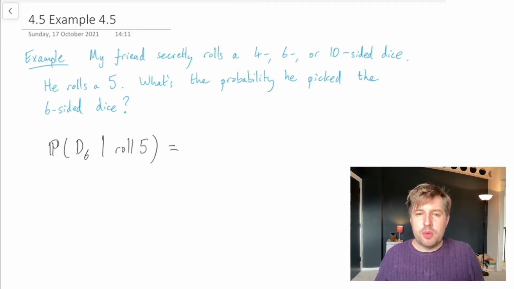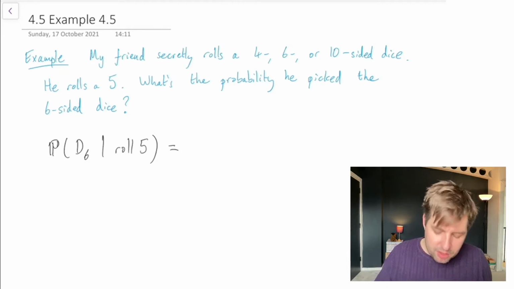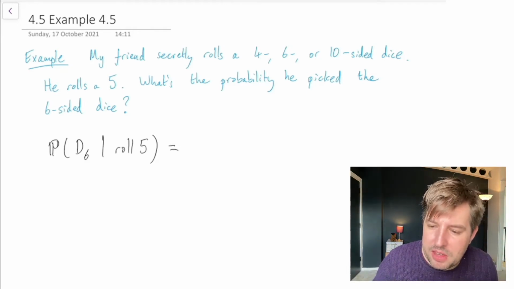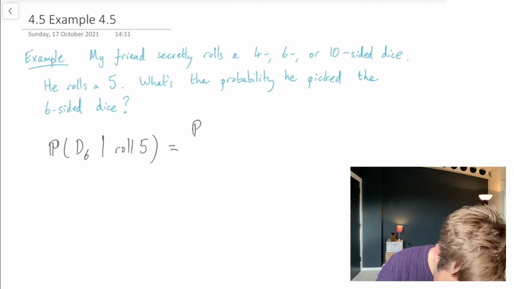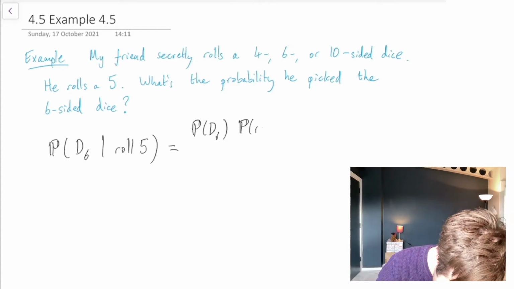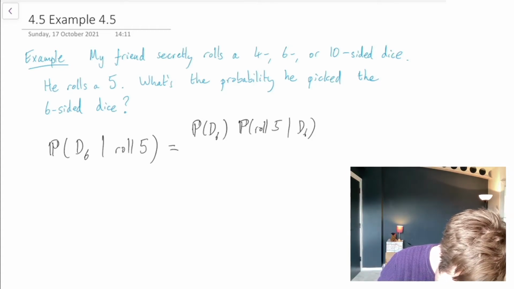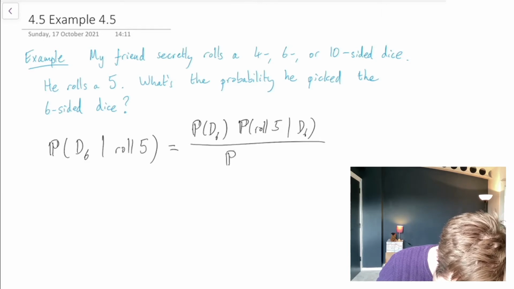Well, what we can do is we can use Bayes' theorem to rewrite this. So you'll remember that if we write this in terms of Bayes' theorem, it becomes probability of D6, times probability of roll 5 given D6, over probability of roll 5.